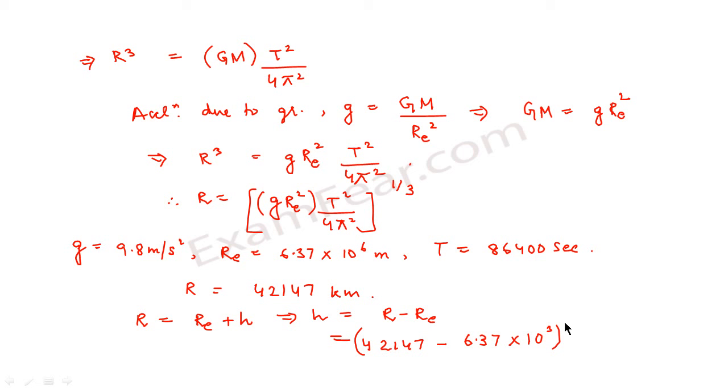Now when we calculate this, we get 35777 kilometer. So that means this is the height of the geostationary satellite from the earth. So geostationary satellite is at a height of 35777 kilometer from the surface of the earth.